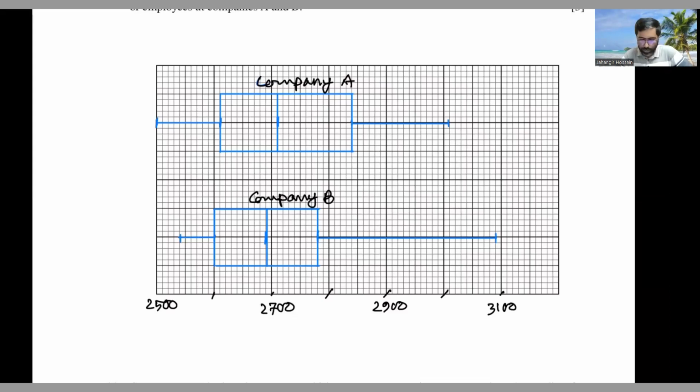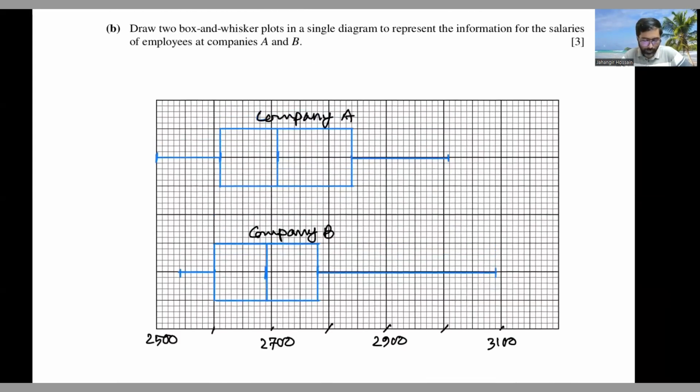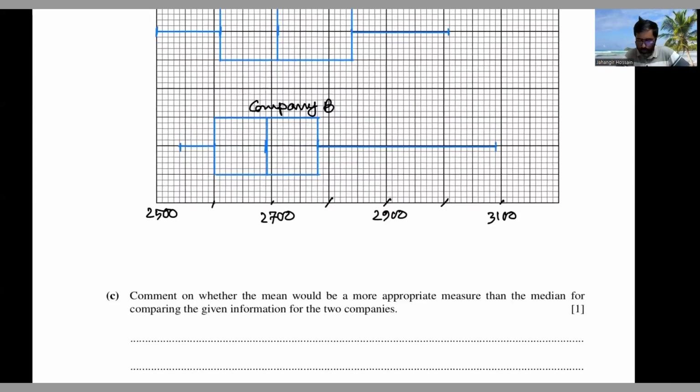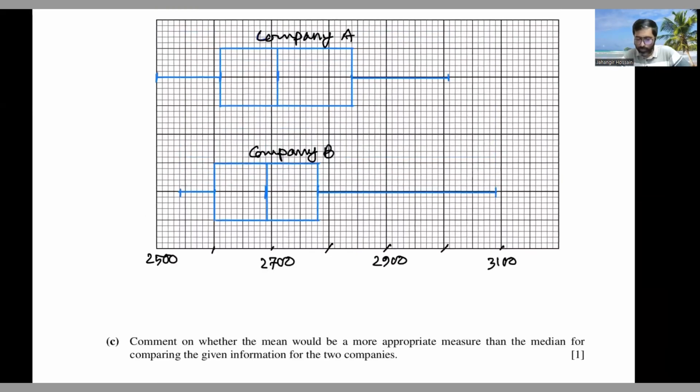Now that's part B. Now what you have to do in part C is comment on whether the mean would be a more appropriate measure than the median for comparing the given information for the two companies. If you look at the box plot for company B, it is symmetrical, just looking at the box.